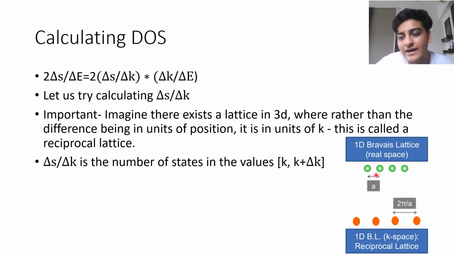Where the distance between 2 points was a real number, now it is expressed in differences in values of k. And as you already saw in the previous module, k is quantized by 2 pi by a, where the distance between subsequent values of k takes this value 2 pi by a, right? So what that essentially means is that we are constructing this reciprocal lattice in k space, right?